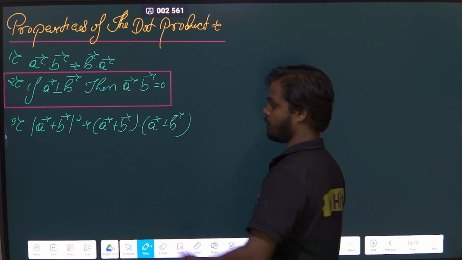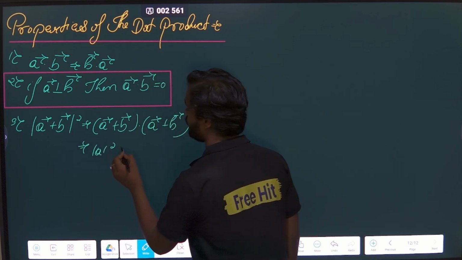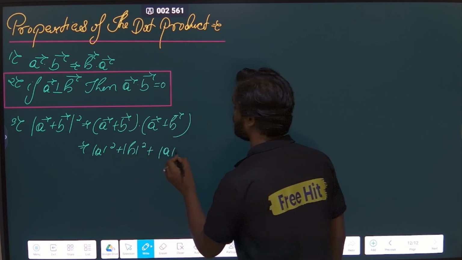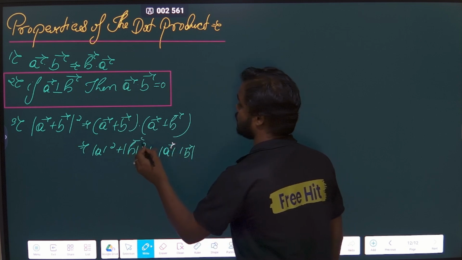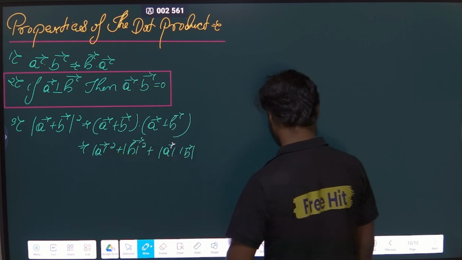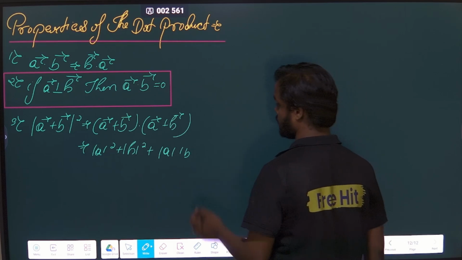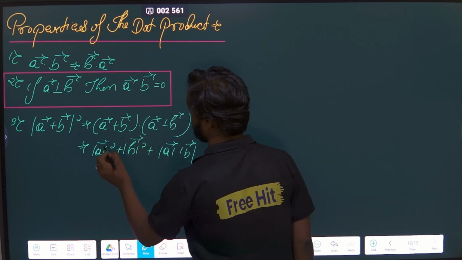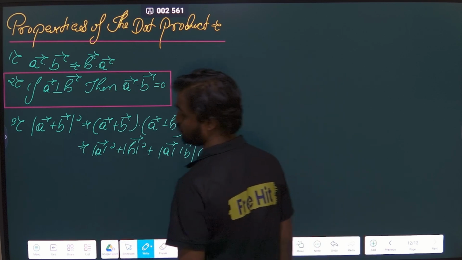And if you open it, you will get mod of A square plus mod of B square plus 2 times mod of A into mod of B into cos theta, where theta is the angle between these two vectors.